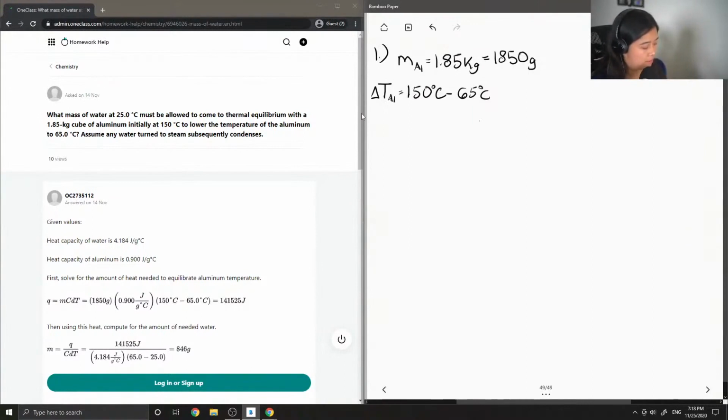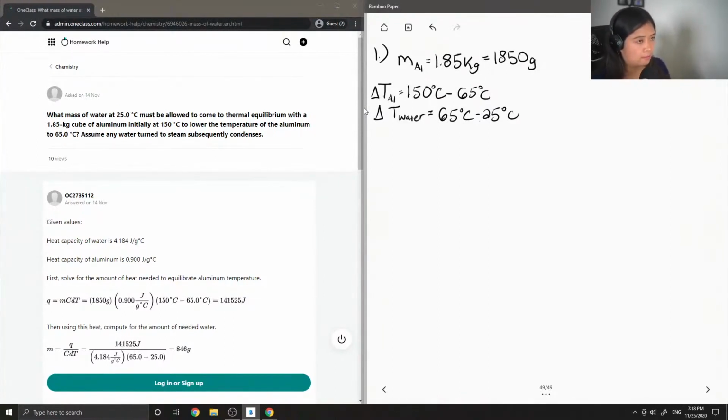And I'll also write down the delta T of the water. So delta T just means the temperature difference. So the delta T for water is 65 degrees Celsius minus 25 degrees Celsius.